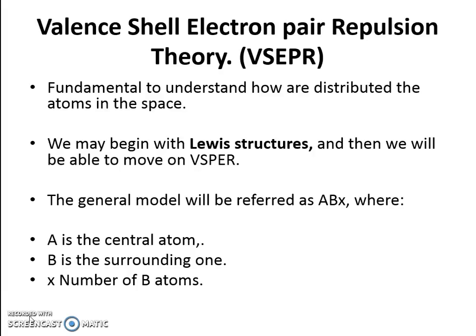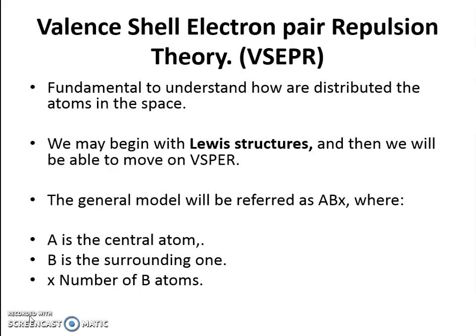Here we have to begin with Lewis structures. So we have to begin with the Lewis structure, which we already know how to draw, and then go ahead and make the 3D structure of it. The general model in which we will use this VSEPR theory is the ABX model.